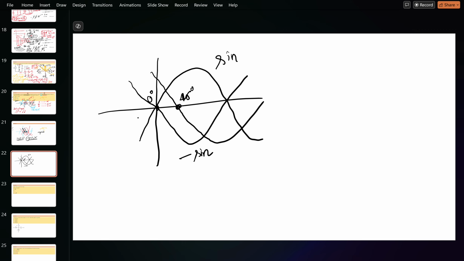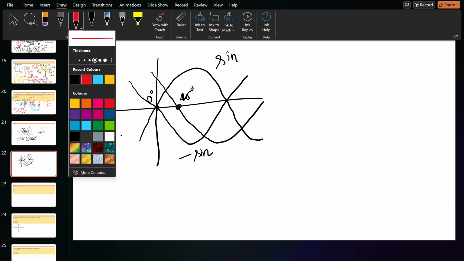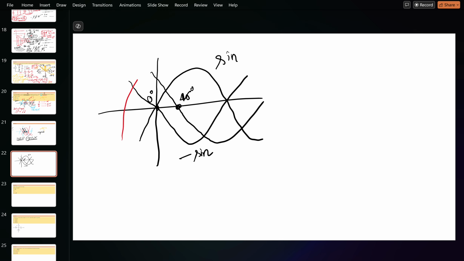Now let me draw the cos. Cos usually looks something like this. It is moving 90 degrees from here. So this was the 90 degrees, and this is minus 90 degrees. What I have told is, always take increasing slopes or decreasing slopes to find out the degree answer.